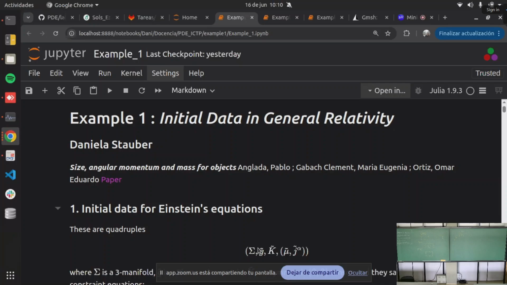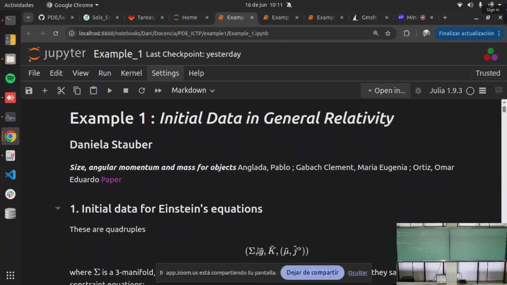Since we are working with elliptic equations, we chose the finite element method for simulations, and within the zoo of libraries for this, we chose Gridap. So I've been fighting with the library since 2021.